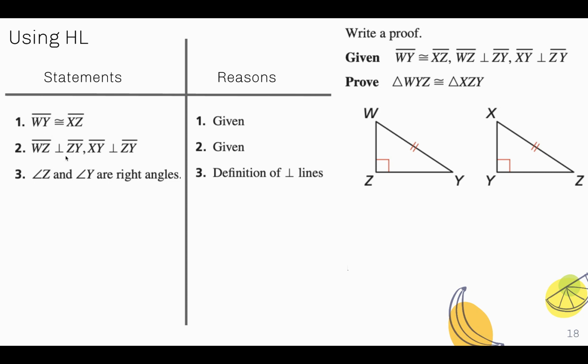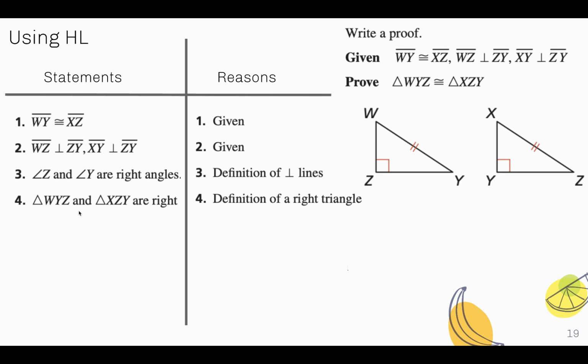Because this statement, perpendicularity, does not give you congruence. Okay. Perpendicularity can lead to knowing that you have a right angle. Okay. So this is actually two statements that follows from these two statements. Okay, and that is the definition of perpendicular lines. So because I have perpendicular lines, that creates some right angles that I can then identify.